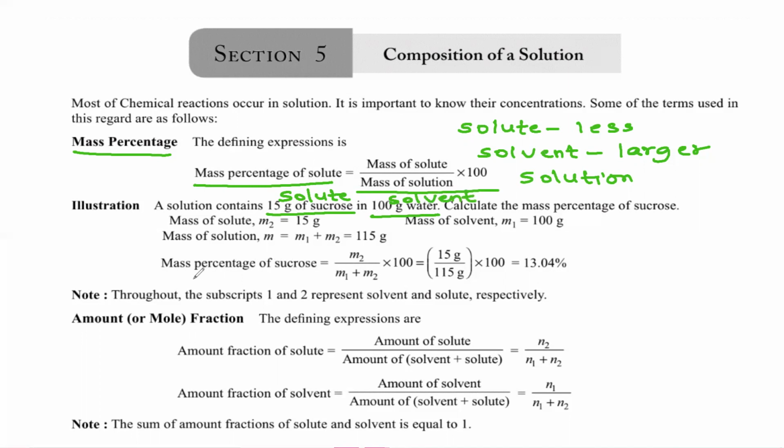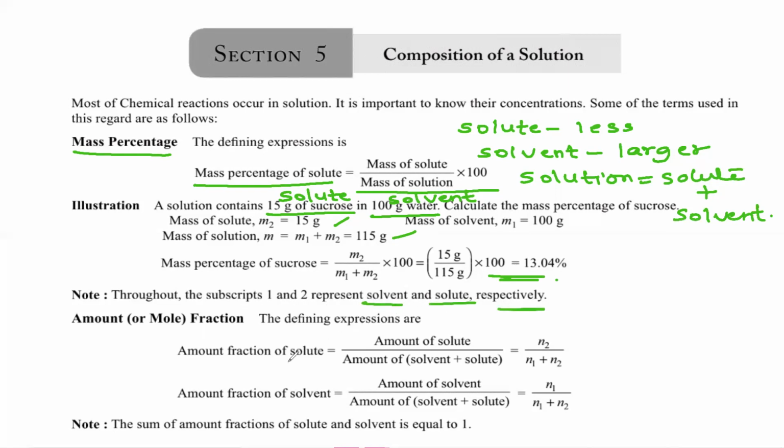Given mass of solute, M2, is 15 grams. Mass of solution, the total mass, becomes 115 grams because 100 is water and 15 is sucrose. So mass percentage of sucrose is M2 by M1 plus M2, into 100, that is 15 by 115 into 100, which is 13.04%. Throughout, the subscripts 1 and 2 represent solvent and solute respectively.